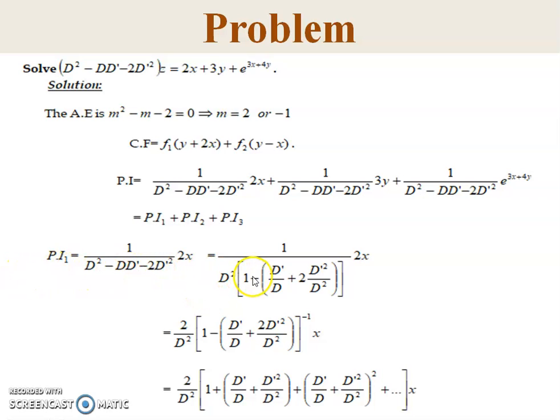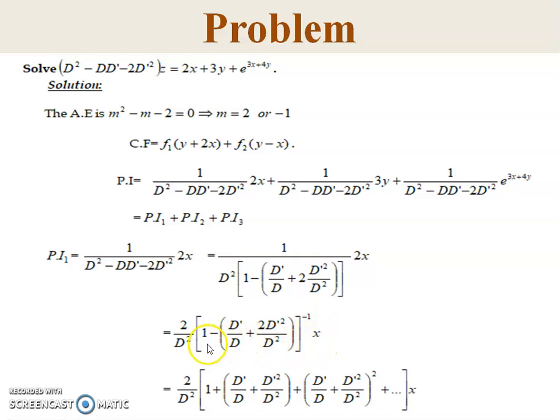Minus is common in both cases. Now rearrange: 2 is a constant term, bring it this side, that is 2 by D². Bring the other term to the numerator, so the power becomes minus 1. Now we have 2/D² into [1 − some operator] to the power minus 1 into the algebraic function.